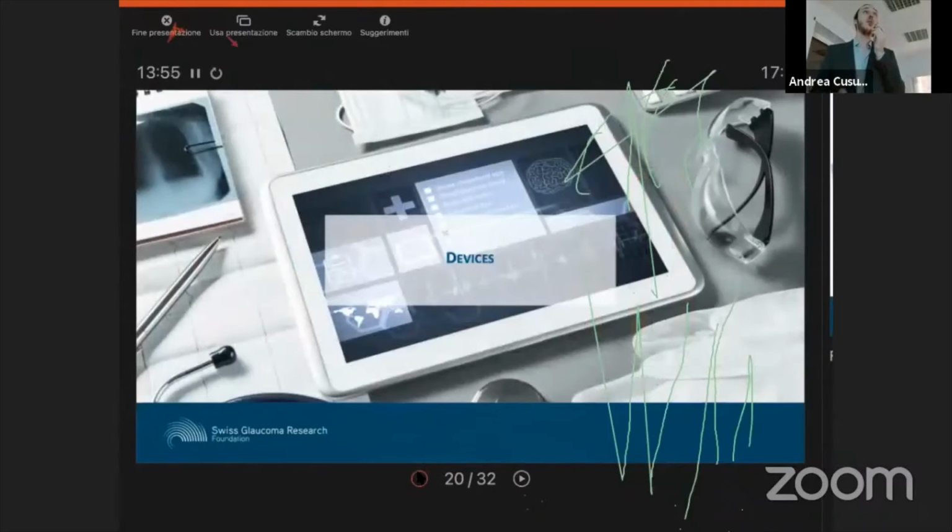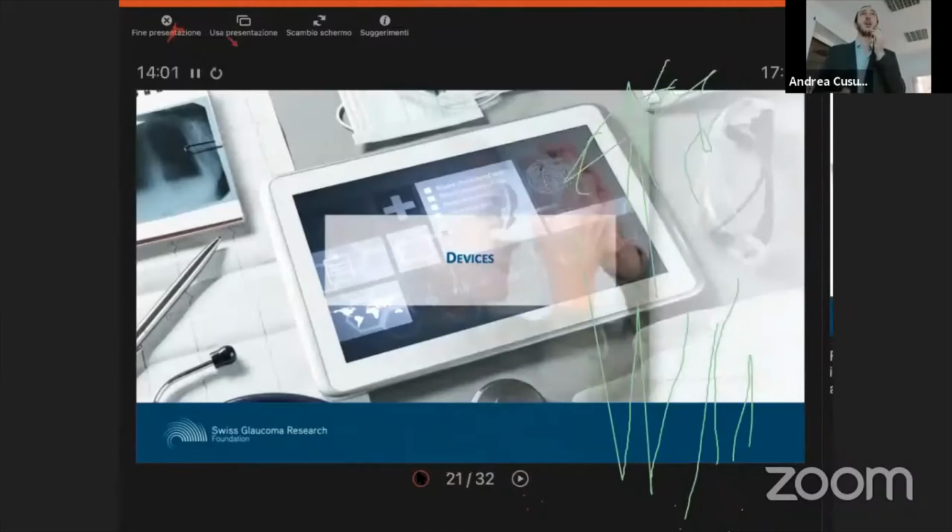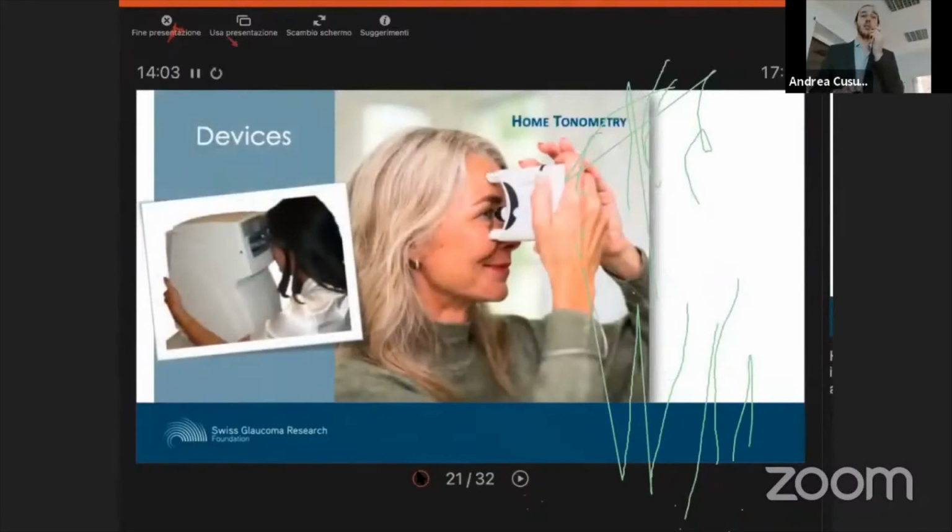So what can we do about this? Because now we've found that all these pressure variations are quite important, but how do we find out about them? Well, there is one technique, which is home tonometry, which is basically just checking the pressure like you would do at the ophthalmologist, but checking it yourself at home. And there are different devices, including the iCare Home, which you can see in the big picture in the center.